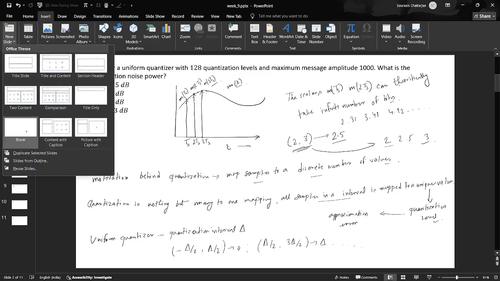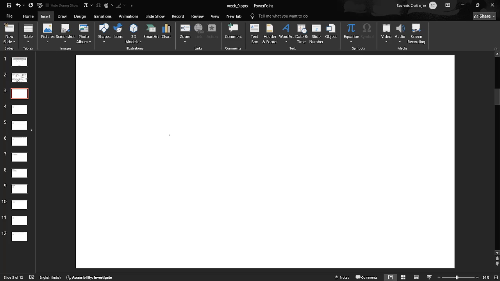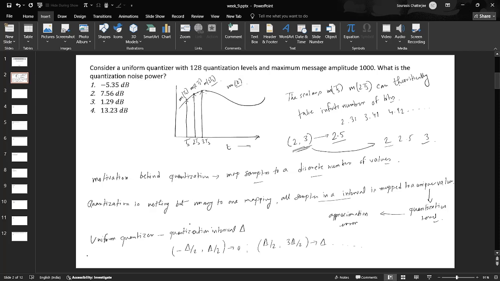Let me introduce a new slide here. And by the way, this is called a delta-spread uniform quantizer.